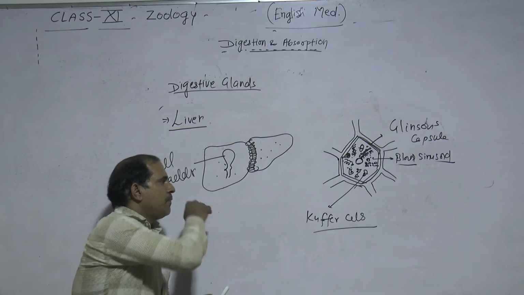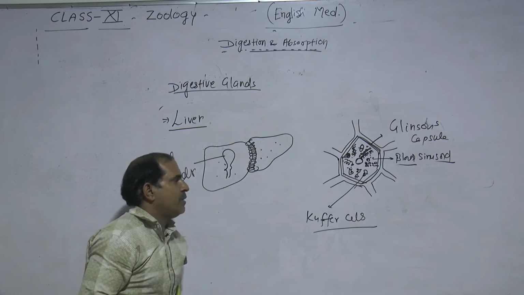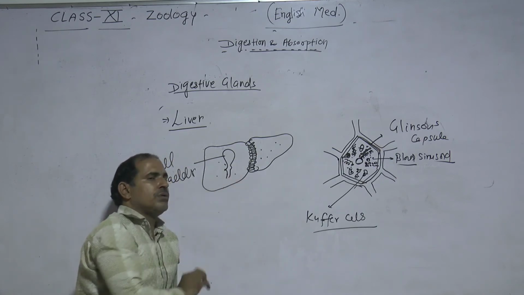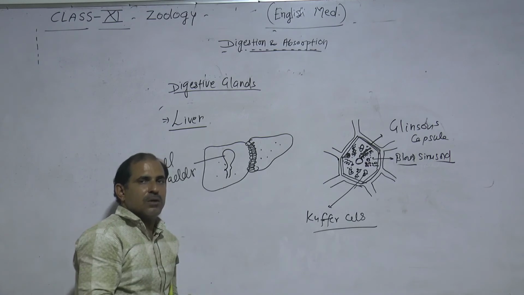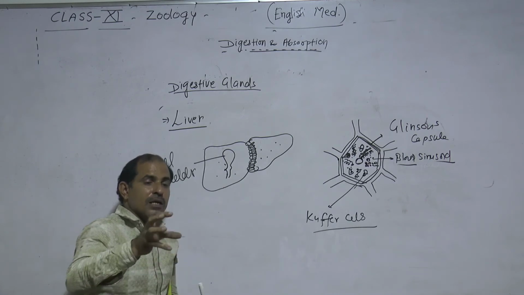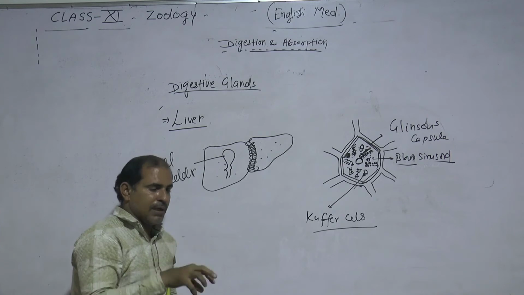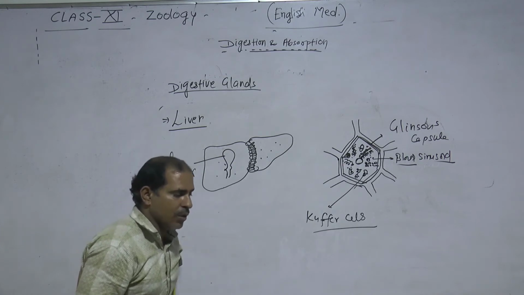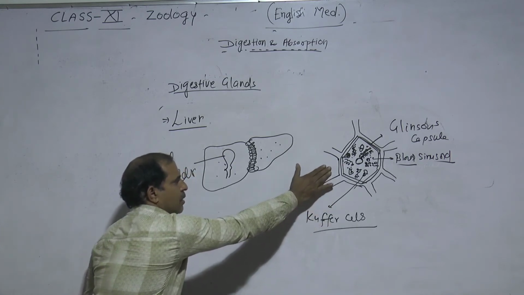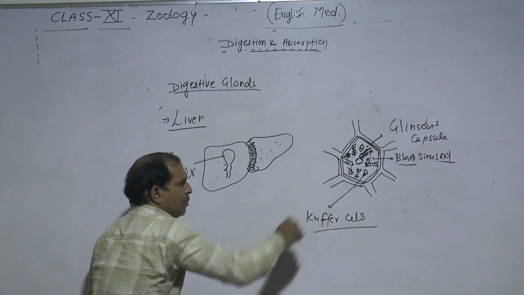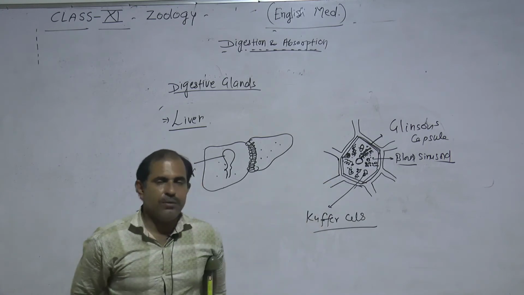Okay, and if we cut a section of liver, then each hepatic lobe consists of numerous smaller hepatic lobules. This is the hepatic lobule, and each hepatic lobule is surrounded by Glisson's capsule.